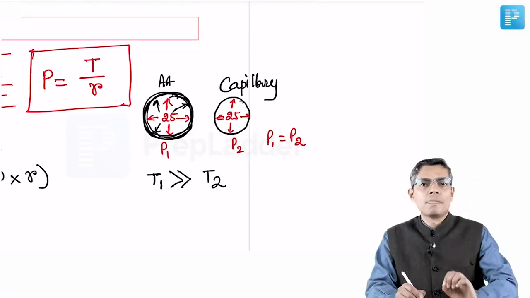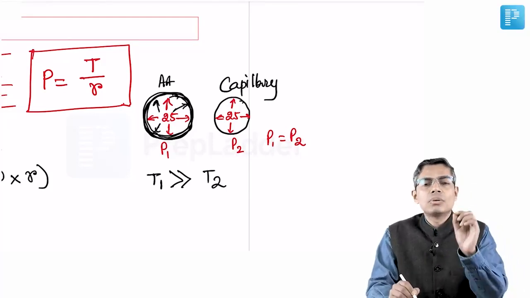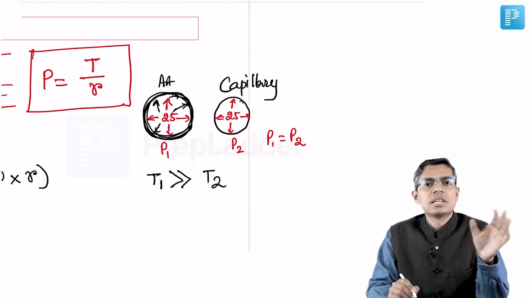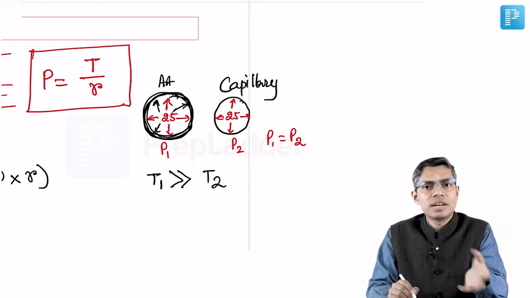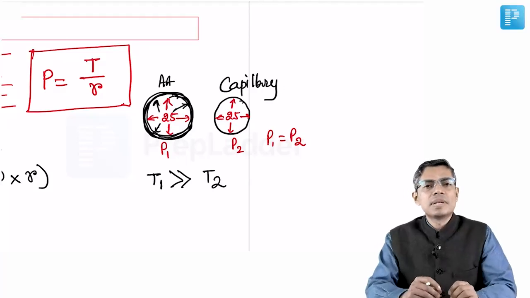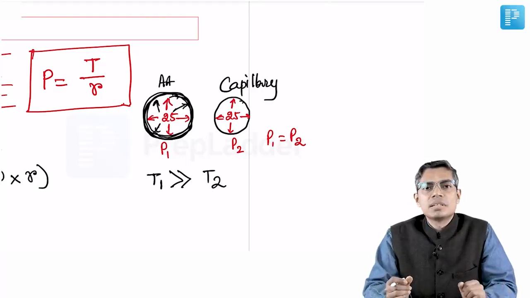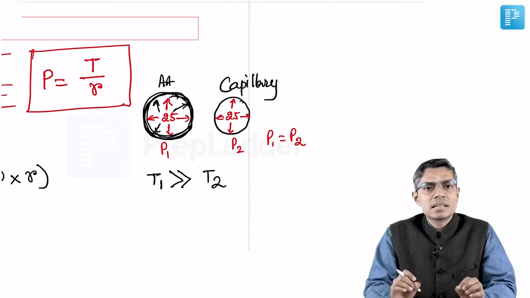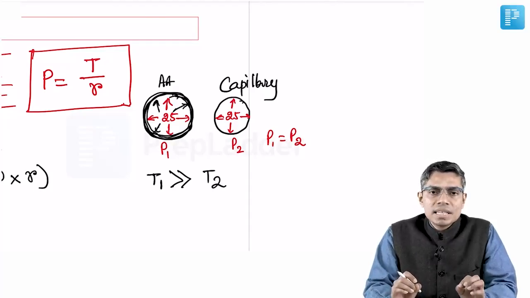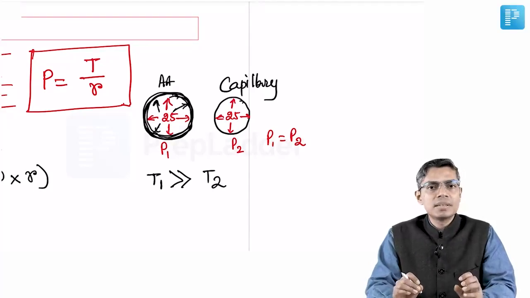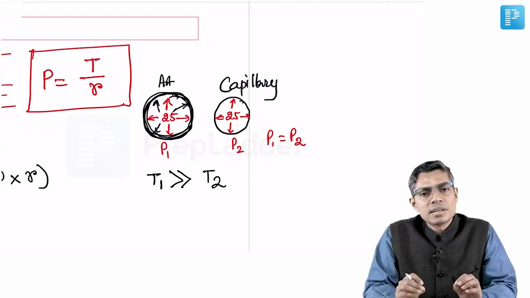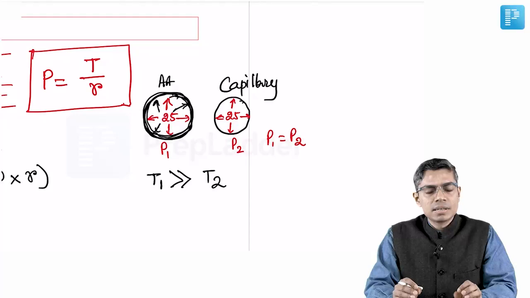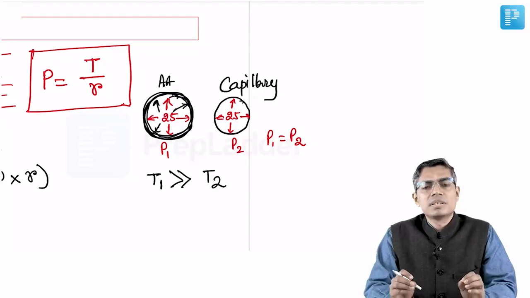That's why we know that the capillary, although the wall is very thin, only the endothelium cell, with no elastic tissue, no smooth muscle, no fibrous tissue, still does not rupture in our body, and that is due to low wall tension at the level of capillary. And why is the wall tension very low at the level of capillary? Because of their smaller radius. So the smaller the radius, the smaller the wall tension, and the fewer the chances of rupture.